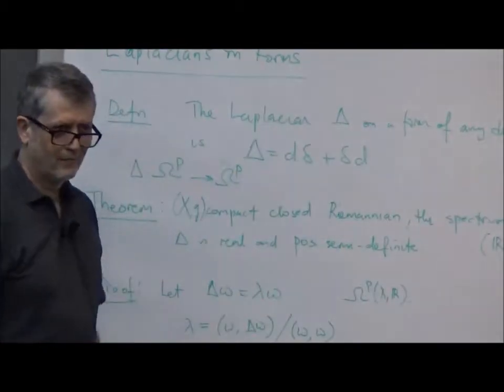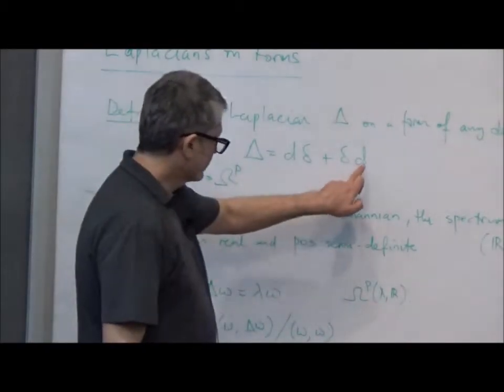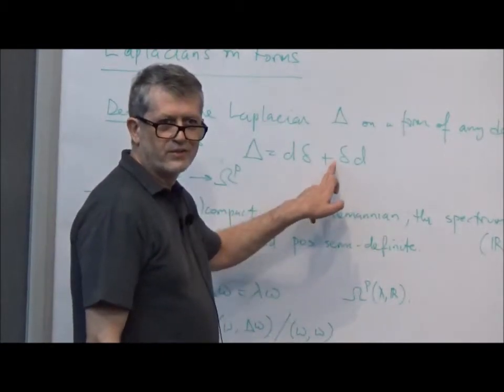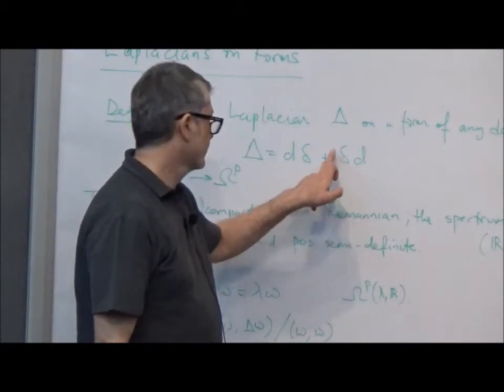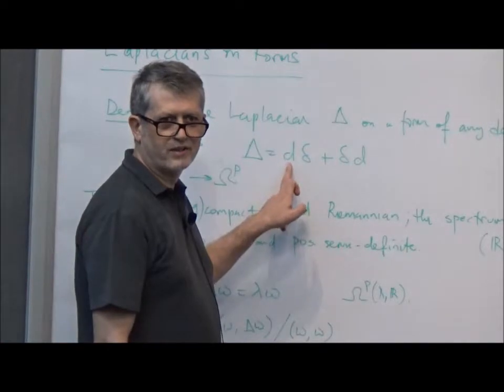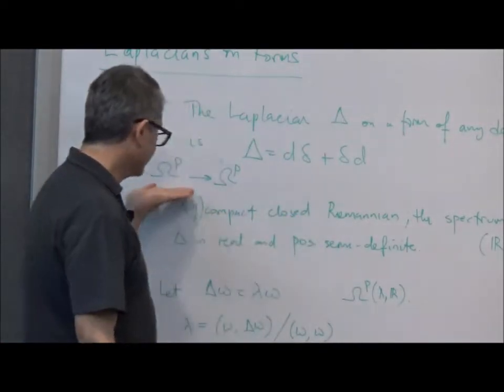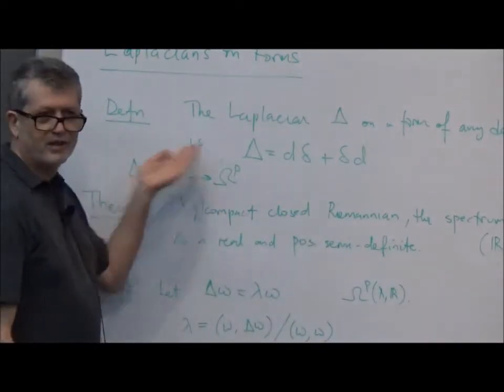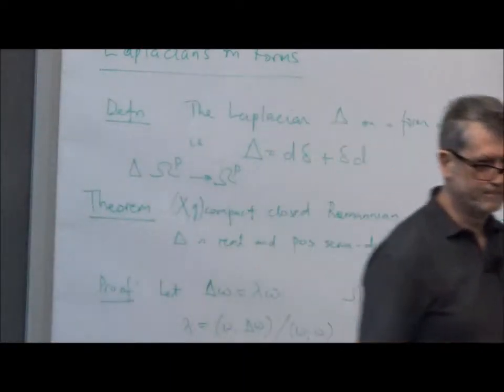Delta maps omega p to omega p. And the reason for that is that this raises the degree by 1, but that guy lowers the degree by 1. This lowers the degree by 1, but that guy raises the degree by 1. So nothing changes. It's a map, again, but from omega p to omega p. All right. Sorry about that.